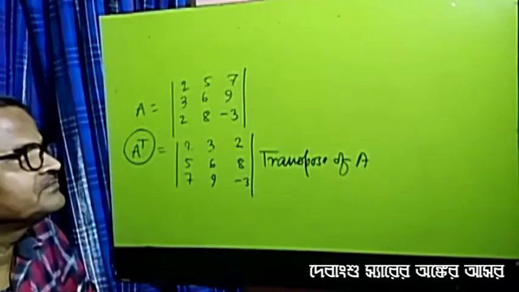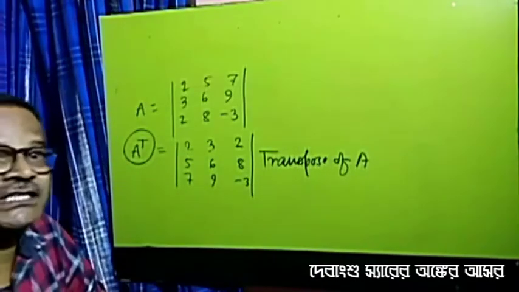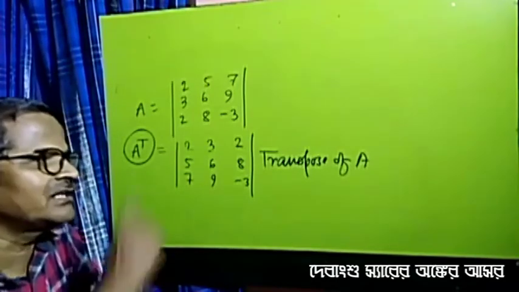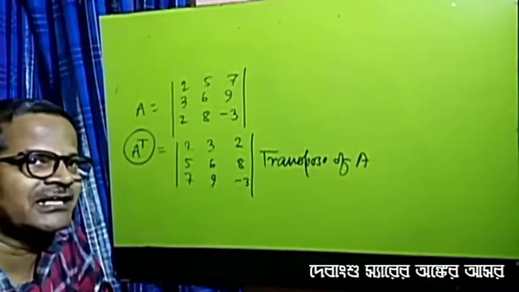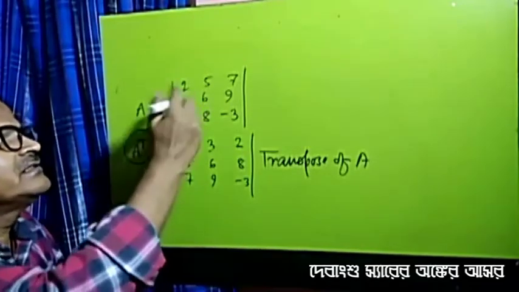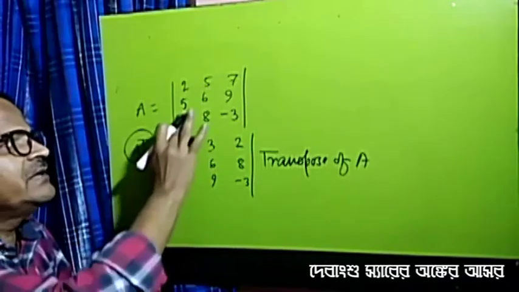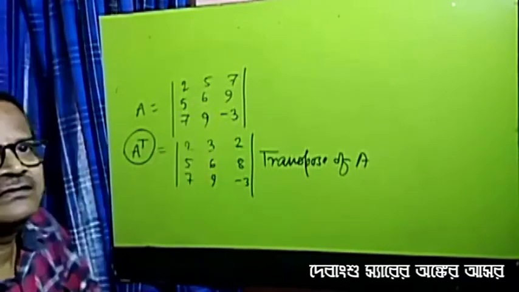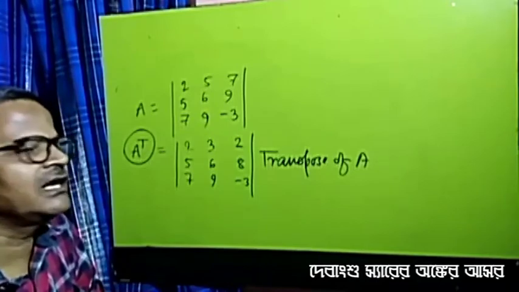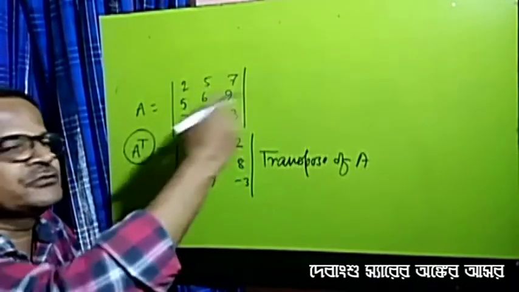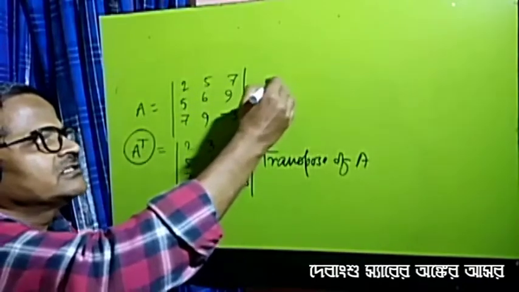Note that if it is a symmetric determinant, then after taking the transpose, it remains unchanged. Now take the transpose of this, A transpose.